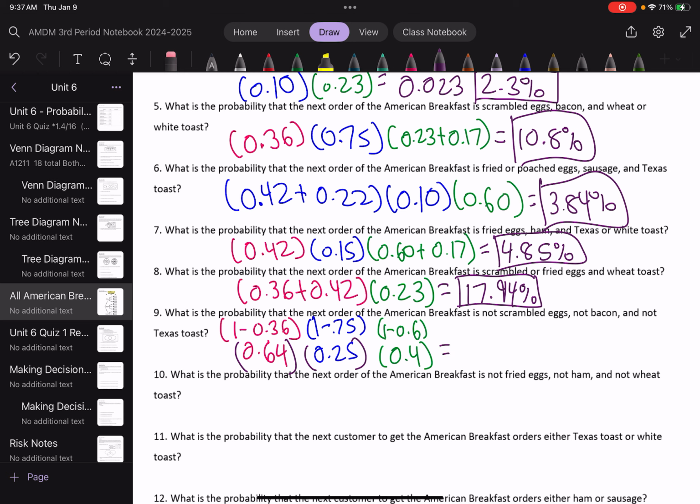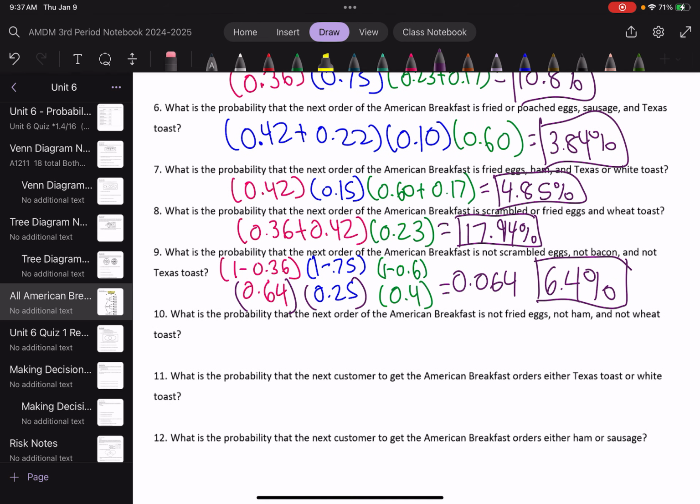So I'll multiply together the 0.64, 0.25, and 0.4. That gives us 0.064, which is 6.4%. So you have a 6.4% probability of getting a breakfast that does not have scrambled eggs, bacon, or Texas toast.